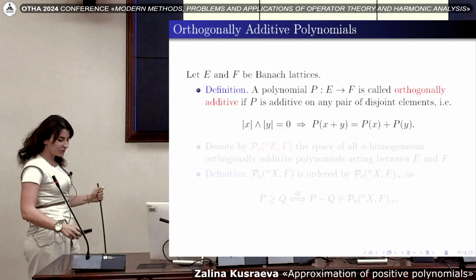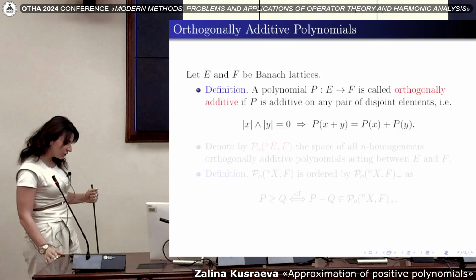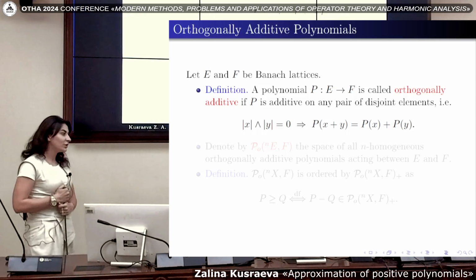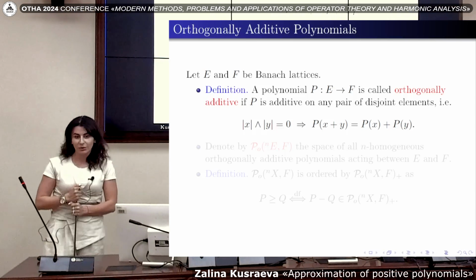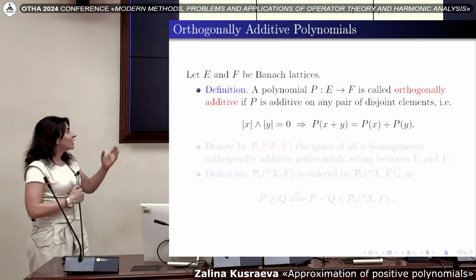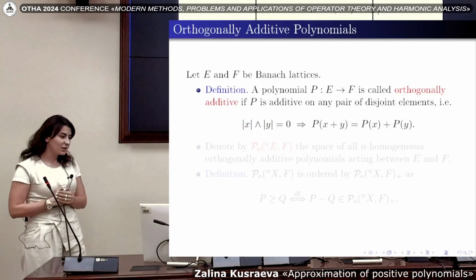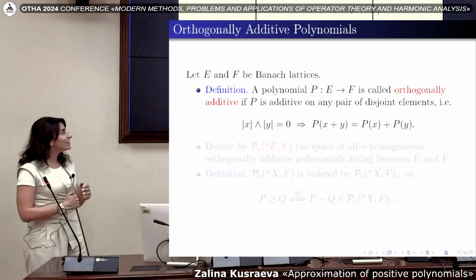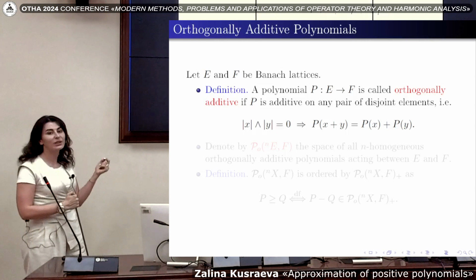And one more class of polynomials which is necessary for the investigation, which is very well investigated. These are orthogonally additive polynomials. Okay, what are they? A homogeneous polynomial is said to be orthogonally additive if it is additive on any pair of disjoint elements.